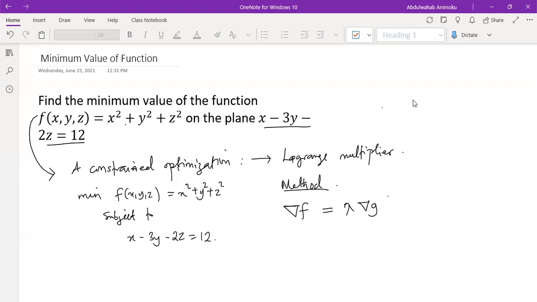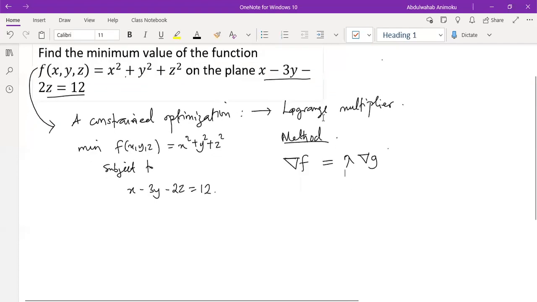We're going to solve this in terms of x, y, z, and lambda, find x, y, z in terms of lambda, and then find the minimum value of the particular function.